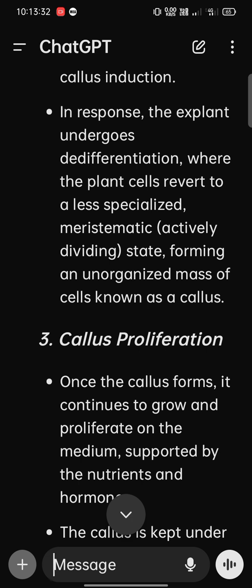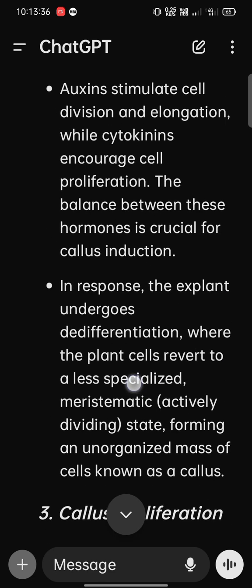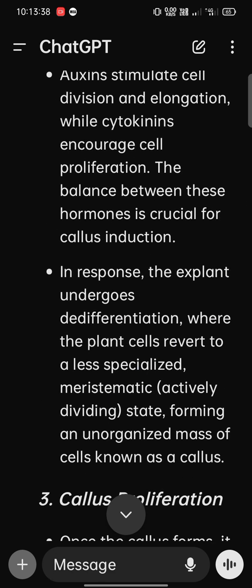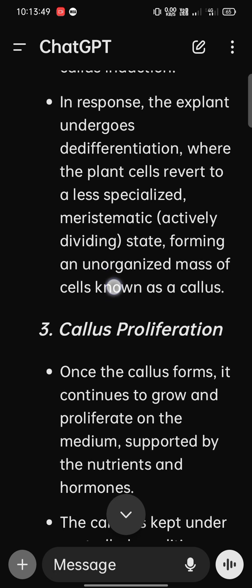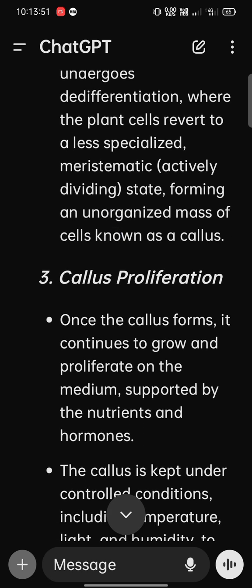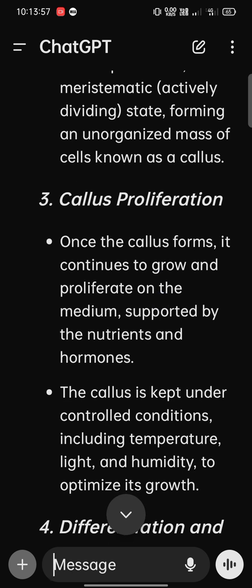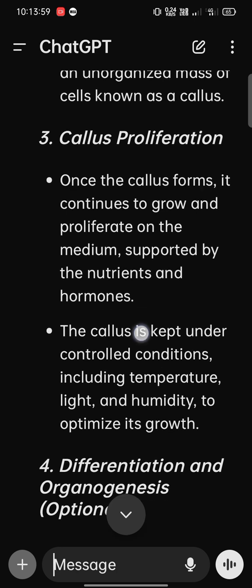But when we put it in a nutrient medium with auxin and cytokinin in a specific ratio, the plant cell undergoes de-differentiation. That means it reverts to a less specialized state and becomes a meristematic cell, forming an unorganized mass of cells known as a callus. This is known as a callus. It is an undifferentiated mass of cells.